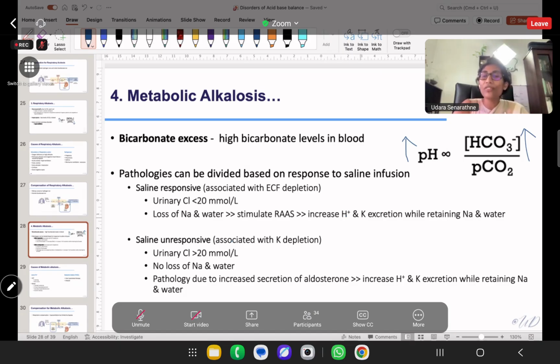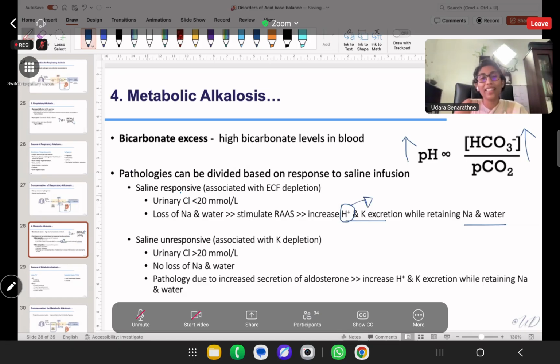So all of that is because of the action of aldosterone. Aldosterone would be excreting H+ and potassium when it wants to keep sodium, and water is kept along with it. And that is leading to the alkalosis, because now you're losing more H+.